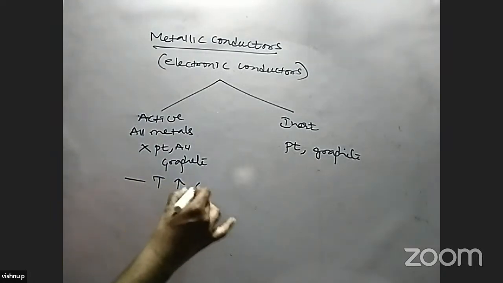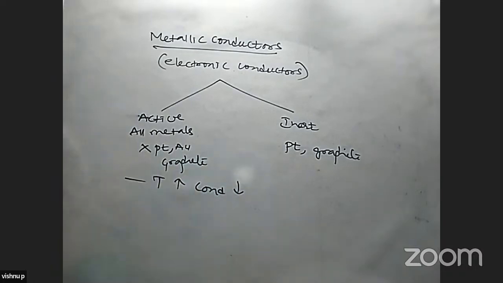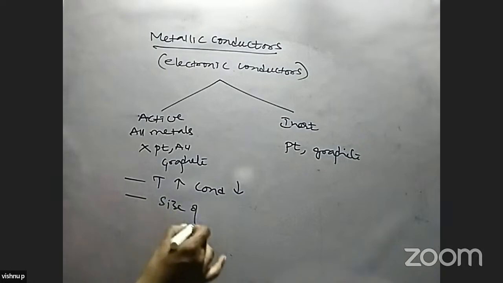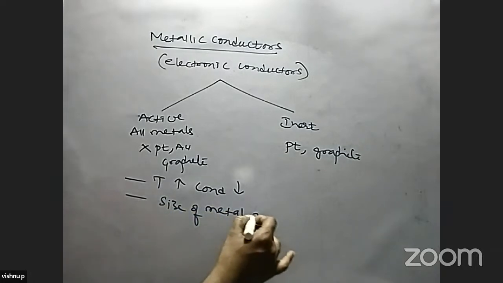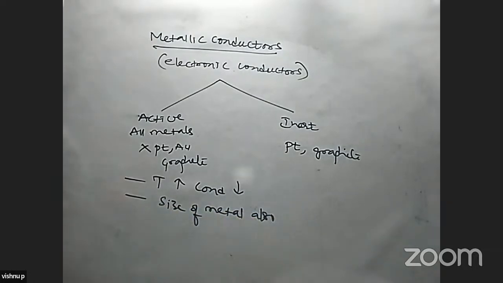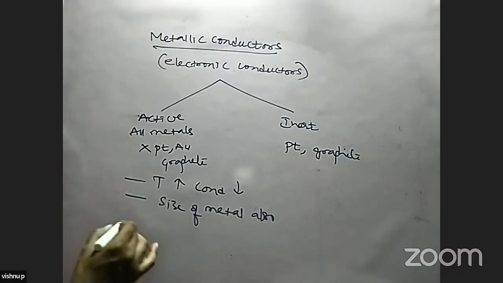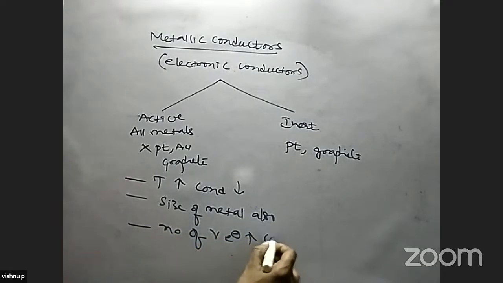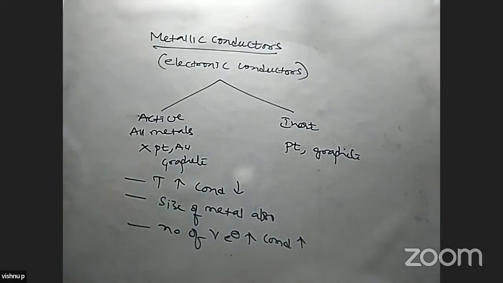When temperature increases, conductivity always decreases. Conductivity depends on the size, shape, and structure of the metal. And when the number of valence electrons increases, conductivity increases.